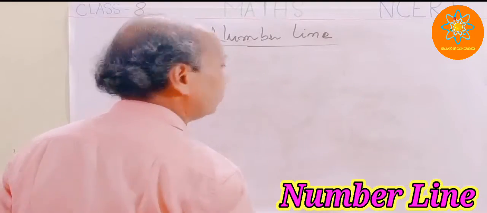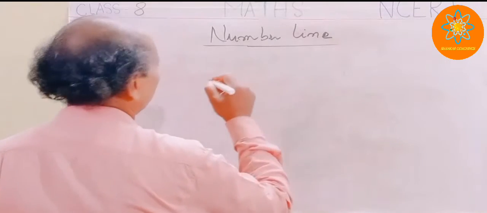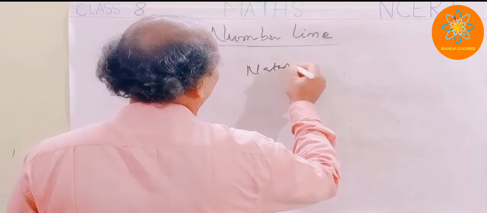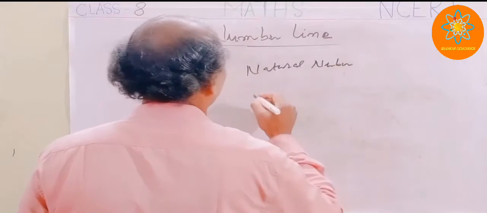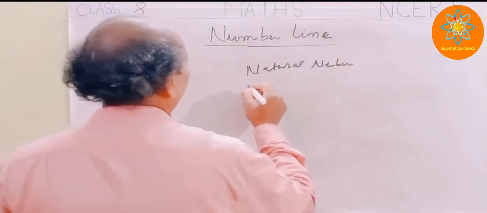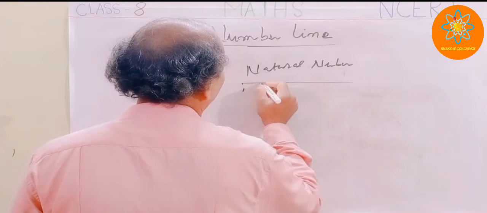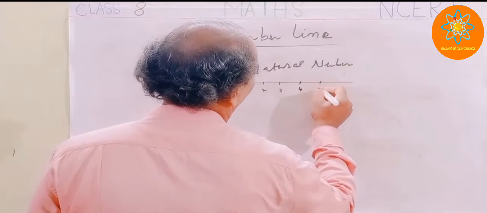Let us start with the number line. For number line, we will start it from natural number. Let's suppose for natural number, we will see the first. So the natural number, the number line will be 1, 2, 3, 4, 5, and 6.